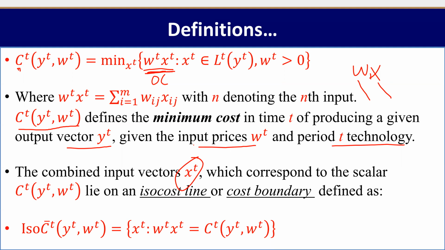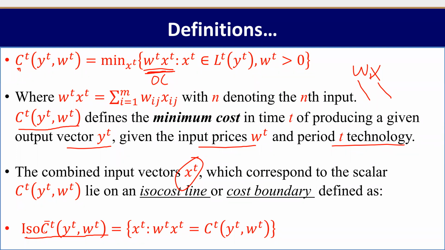The isocost line is the boundary of the cost technology. Then we can define the isocost line, or the cost boundary, as what you have down here. It is simply the minimum cost, but it is a line. So we put a bar on top of it.